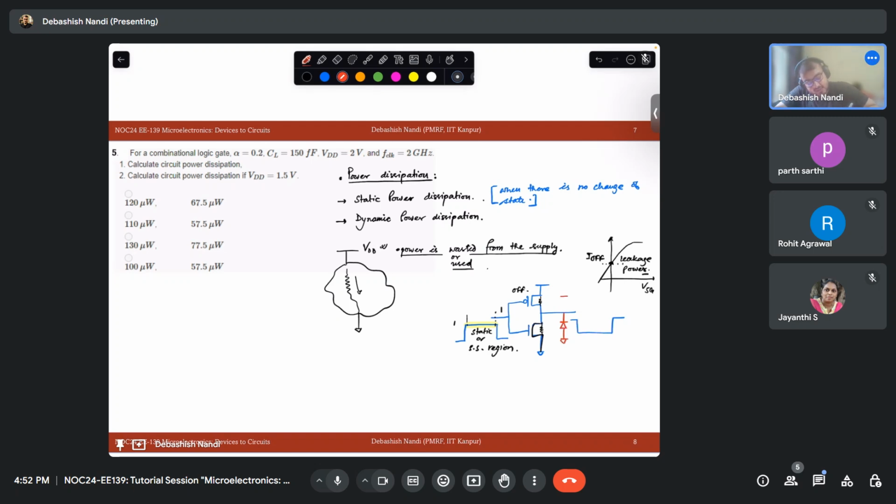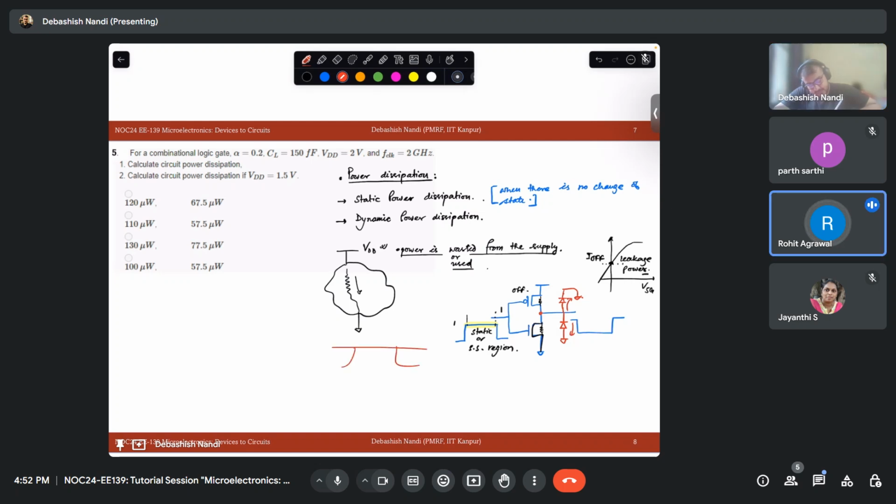diodes connected, right? So this is your drain, and drain will be your N type. So basically these diodes will also start to leak. What are these diodes?